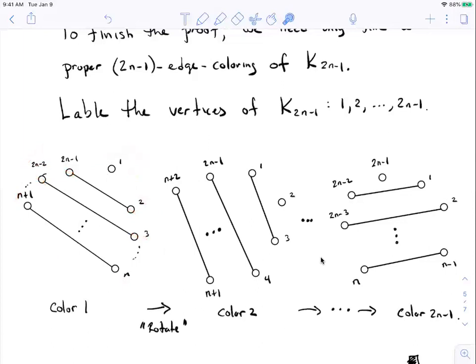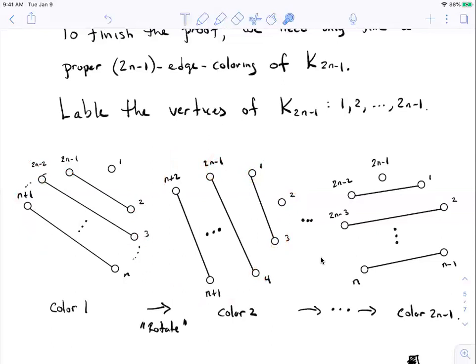Now a similar idea, although I'm not going to write it down in congruence classes this time. Rotate that picture. Leave out vertex 2 now. There are still 2n minus 2 other vertices. Just pair them: first vertex after 2 with first vertex before 2, second vertex after 2 with second vertex before 2, and so on.